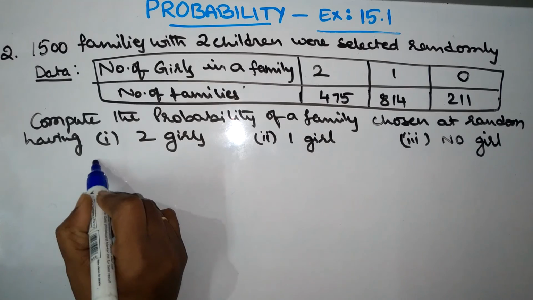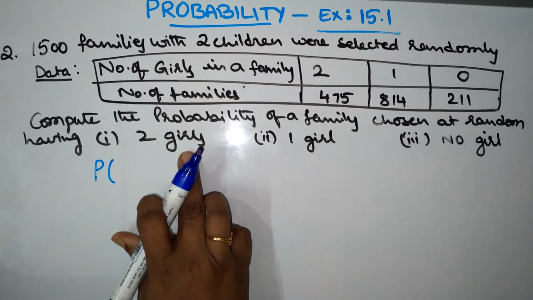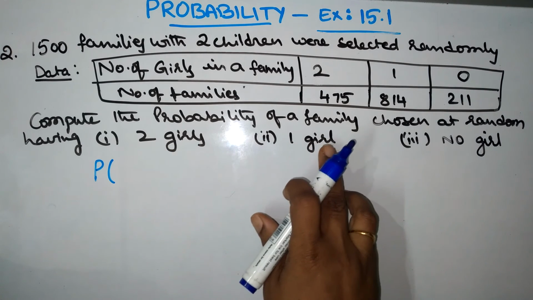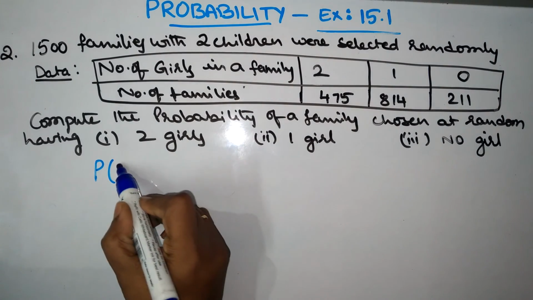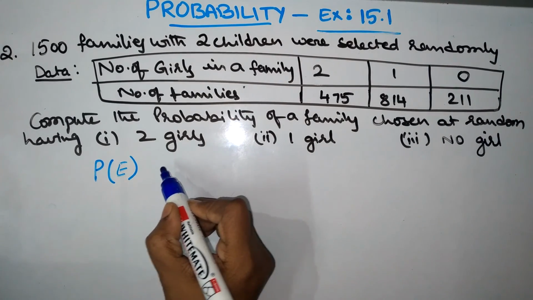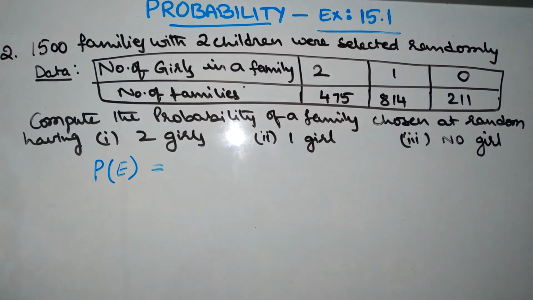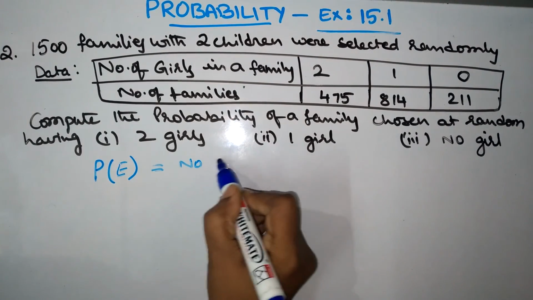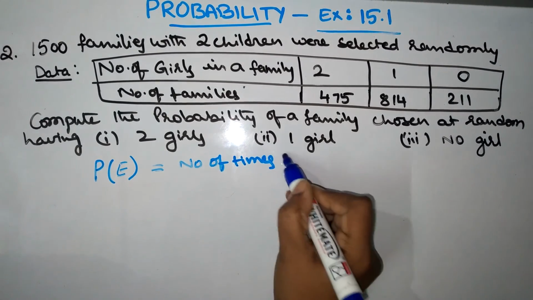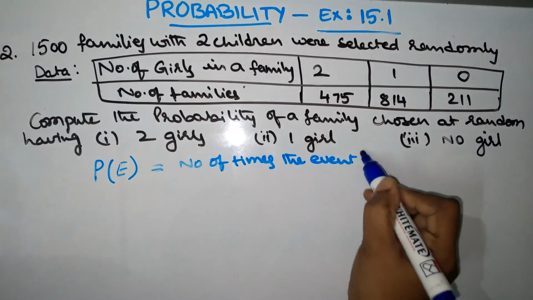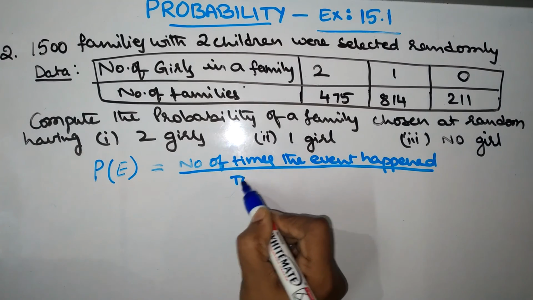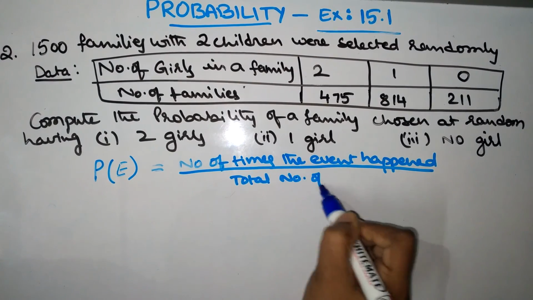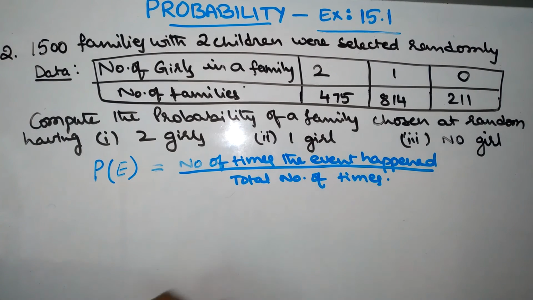We need to find the probability of having 2 girls, the probability of having 1 girl, and the probability of having no girl, right? So we know that the probability of an event is equal to the number of times the event happened by the total number of times, or total number of trials we can say.